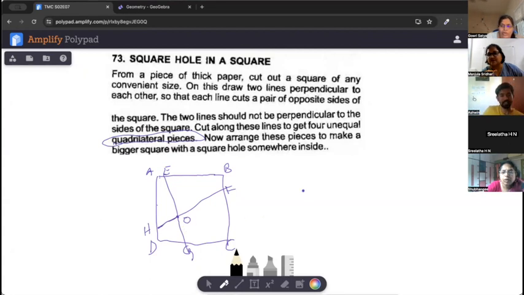I think she means AEOH, the length OH, and in DGOH, that OH. We are talking about these two. That's a common side. That length is the same. Likewise, all these are common sides. So you get two equal sides here, in those four pieces.